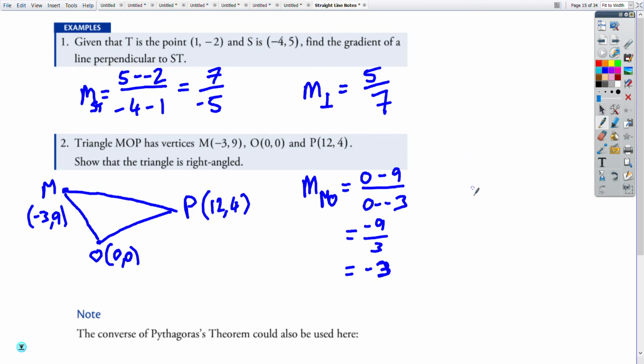Then the gradient of OP, y2, 4 minus 0 over 12 minus 0. That's 4 over 12. So that is 1/3.